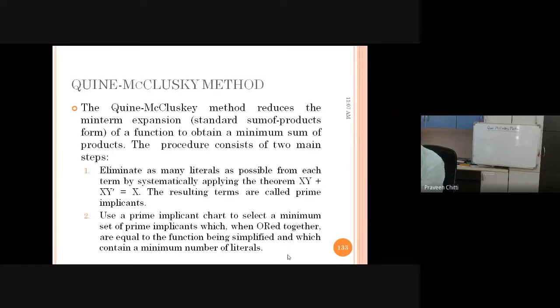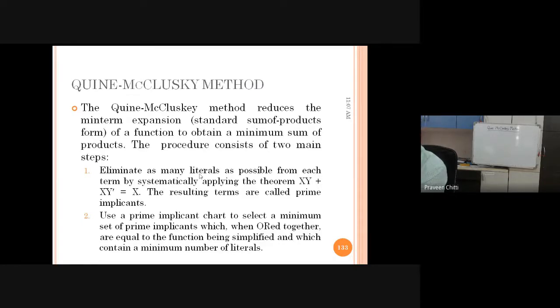That means we are going to check whether there is any single bit difference, or single position difference, from one literal to another, and then we eliminate certain input variables. That is how the Quine-McCluskey method is used.